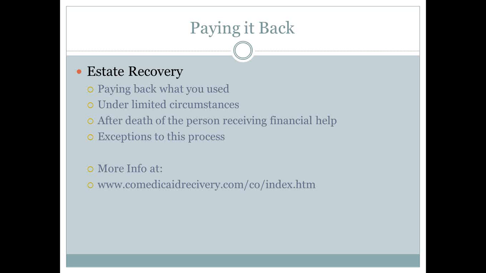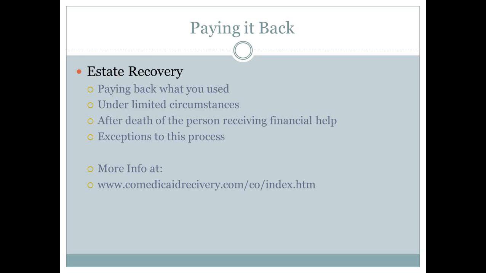That's a really good question. What happens is the state determines what portion of that trust is paid monthly. The income is paid monthly to the nursing facility on the applicant's behalf. When that applicant dies, then the state takes the money that's left in that account.